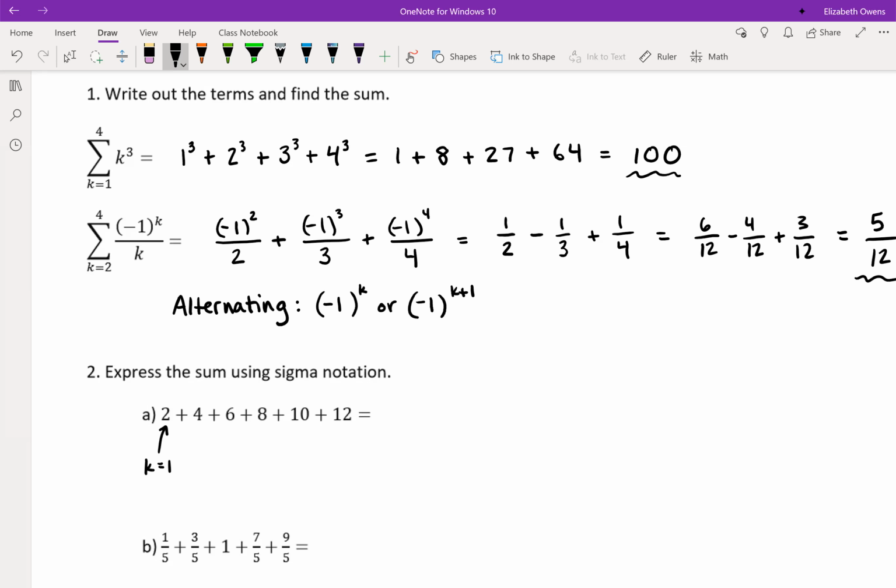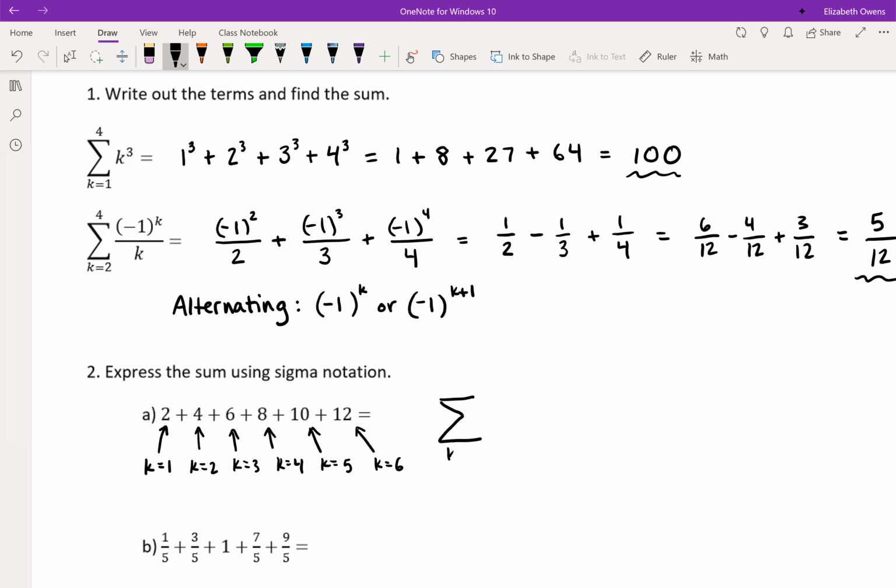And so then each term is just going to increase that index by 1. So there's k equals 2, k equals 3, k equals 4. Sometimes writing these out can help you spot the pattern if you're not getting it right off the bat. And actually writing out those different values of k gives you quite a bit of information for your summation here.